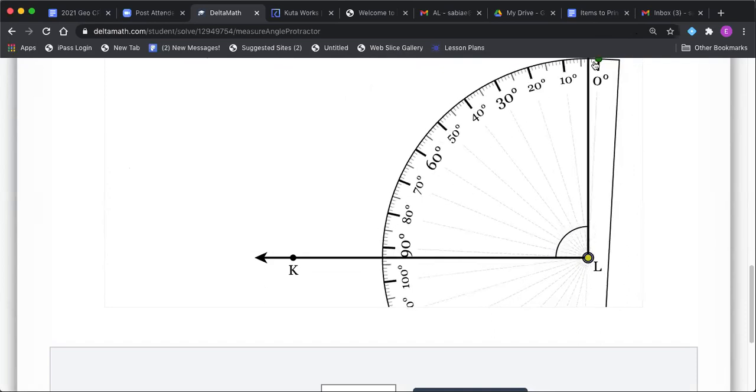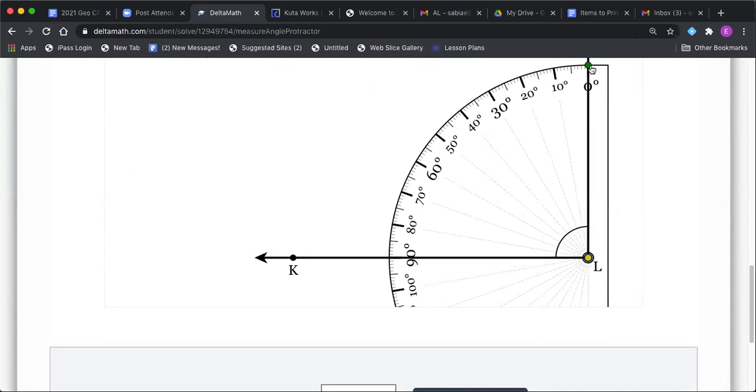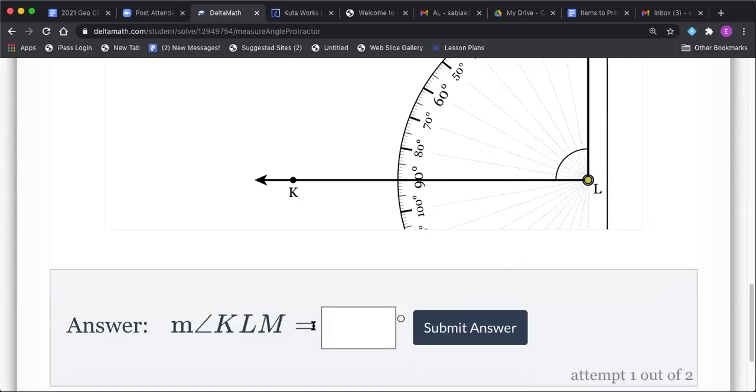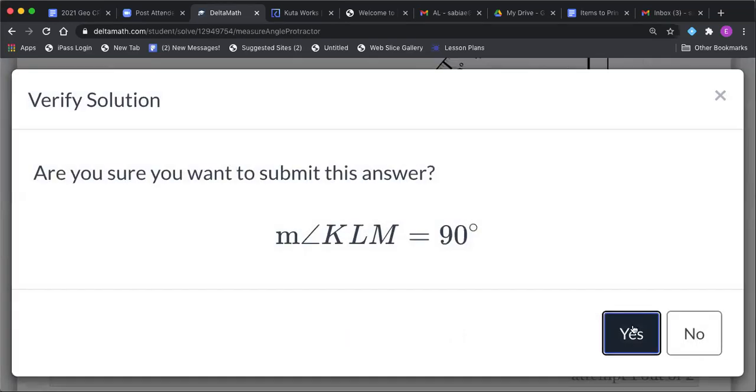All I need to do is line up one of the sides with the 0 degree mark like I have here. And you can clearly see this one is a perfect 90 degrees. So that one wasn't overly hard. I knew that one was going to be 90 already because you could kind of just tell. But anyway, 90 degrees.